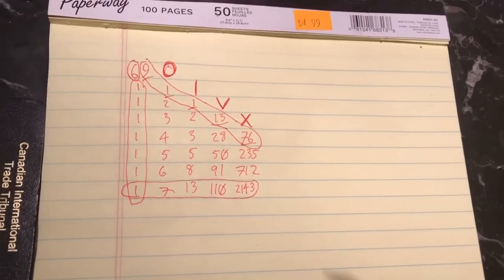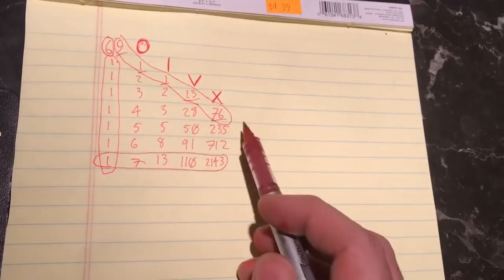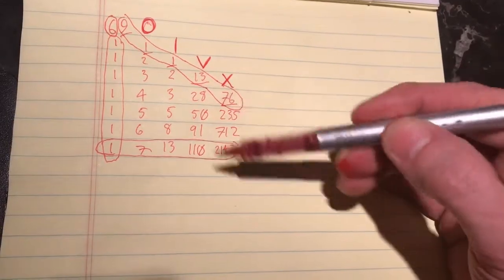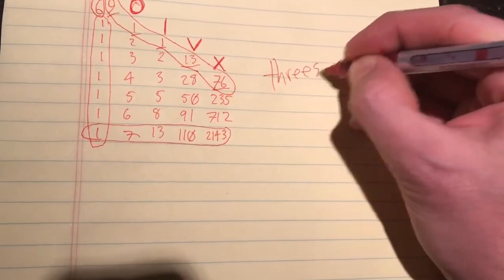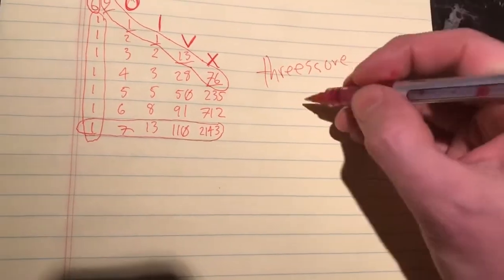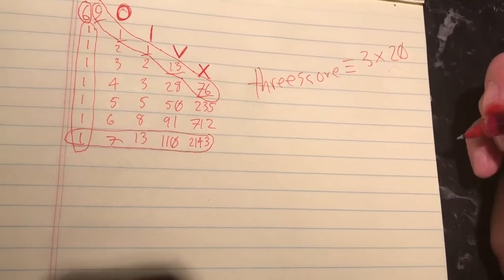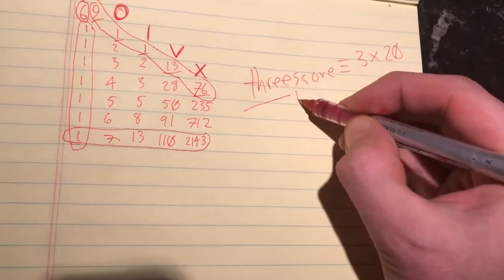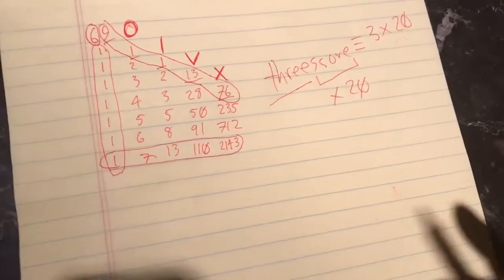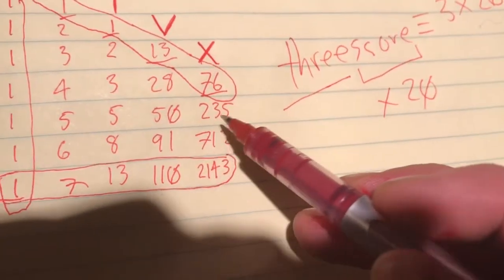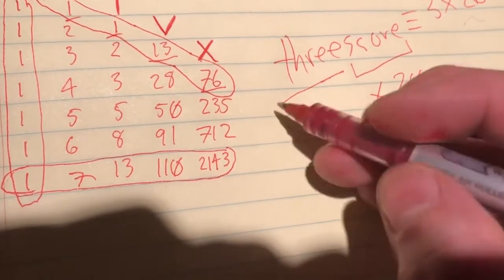But where are we now? There's your 7. There's your man. There's your 6. There's your 100. So obviously, we're like in this area. Now, 3 score is equivalent to apparently 3 times 20, or 3 20s. Apparently, score means times 20. 235 sum to 10, 712 sum to 10, 2143 sum to 10.